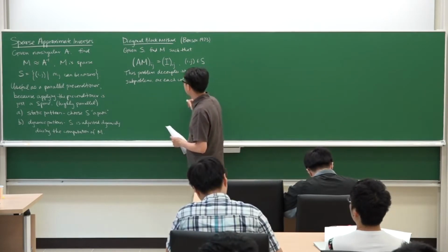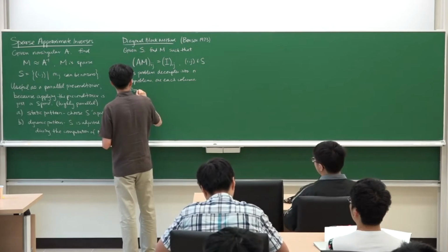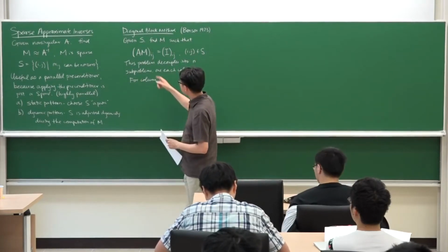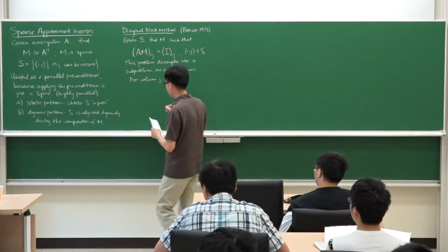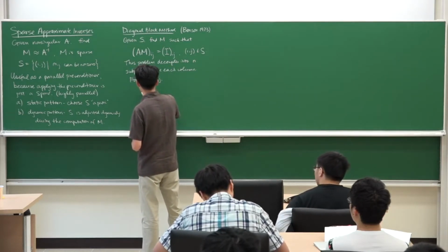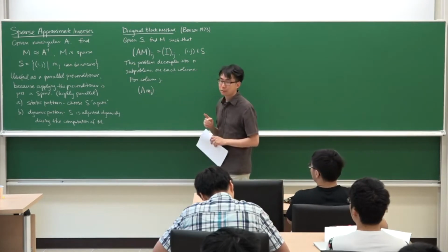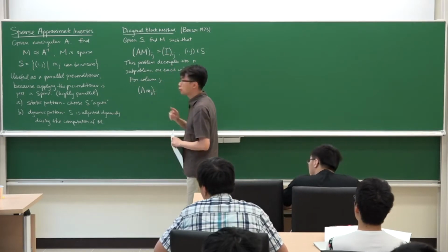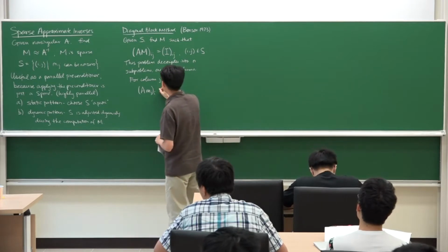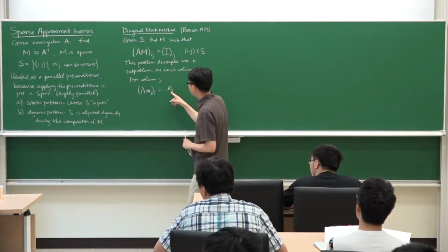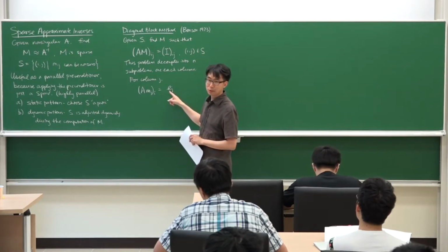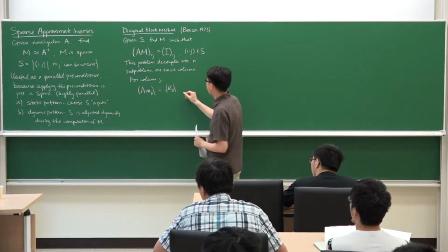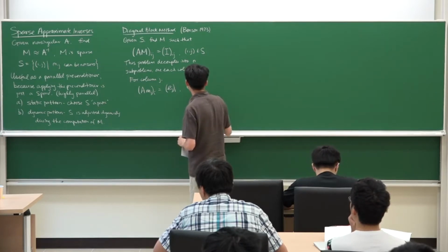Okay, so to see what these subproblems are, for column J, we're just going to look at column J of this first equation, A M_J, where M_J is the jth column of M, and subscript i, the ith entry of that column, is equal to e_J, which is the jth column of the identity matrix, or the jth unit vector, and the ith entry of that, for (i,j) belonging to the sparsity pattern.